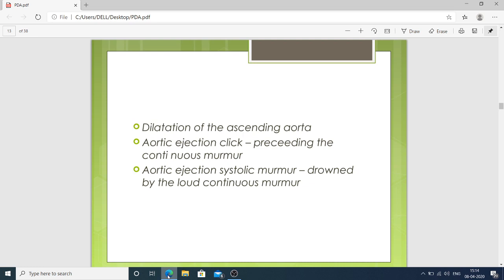Actually, aortic ejection clicks are high-pitched sounds that occur at the moment of maximal opening of the aortic or pulmonary valves. When the valves open and close, that time the aortic valve and pulmonary valve sound is produced, that is known as aortic ejection click. Then aortic ejection systolic murmur is also a sound drowned by the loud continuous murmur.